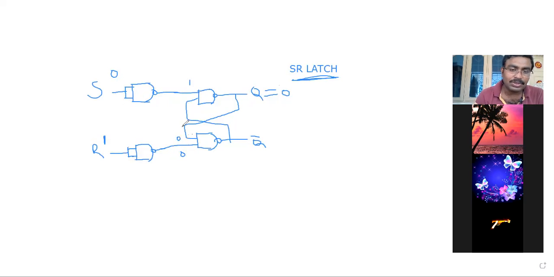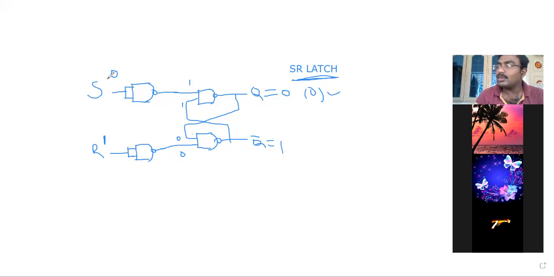Tell me, guys, if I have 0, 0 here, what will be your NAND output? 1, sir. And that 1 will pass through this path and reach here. If 1, 1 are the inputs of a NAND gate, what do you get as the next state output? 0.